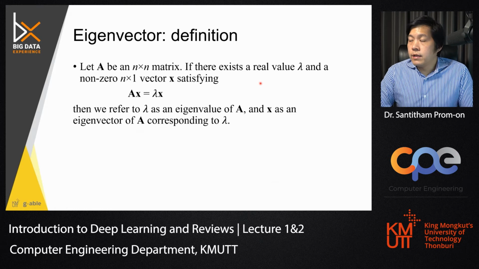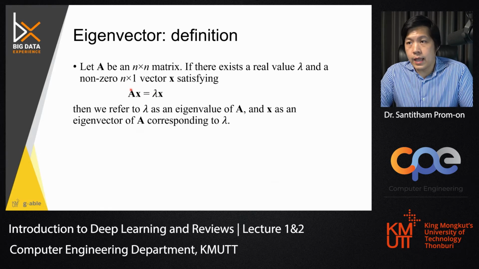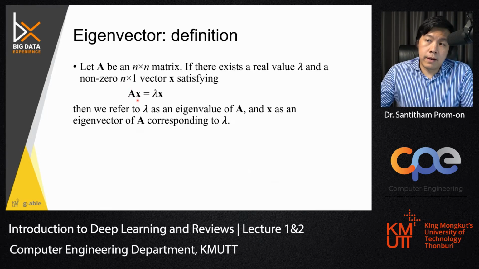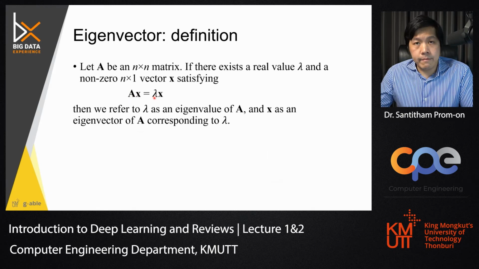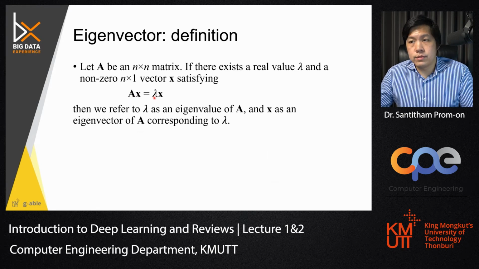Okay, so in the formal definition, the eigenvector can be thought of as a vector such that when you apply the transformation to the vector, multiplying transformation A to vector x, it results in lambda x, where lambda is a scalar value.